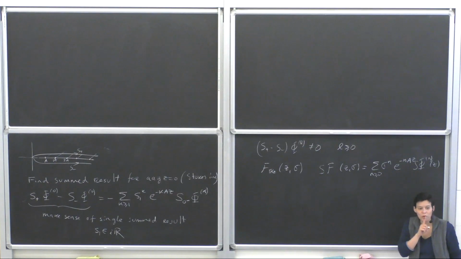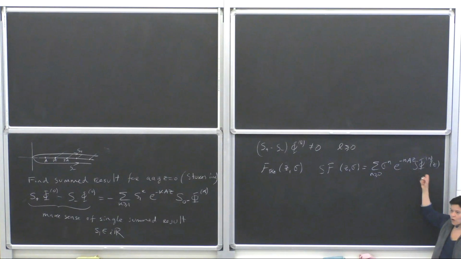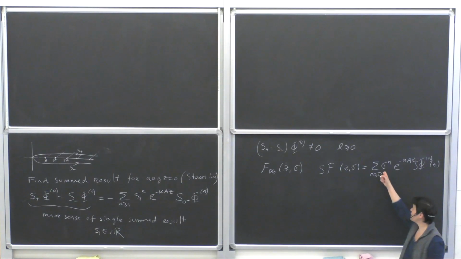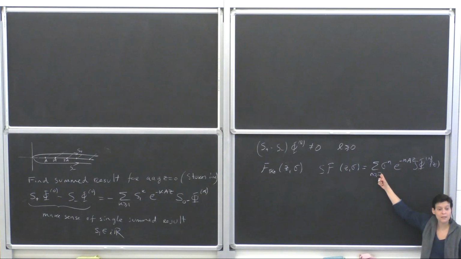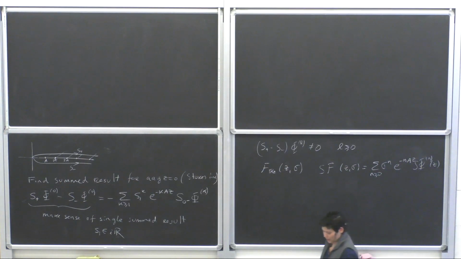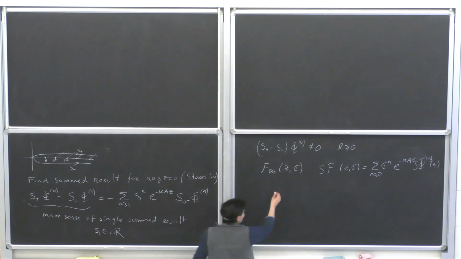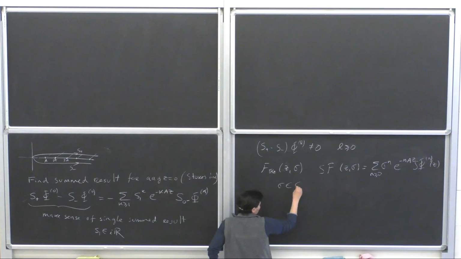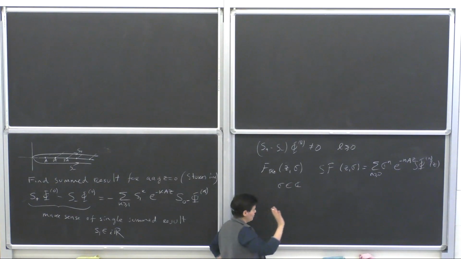But I have one more thing. I don't have just the resummation of the phi n's. I have a parameter sigma, which is in general a complex number.